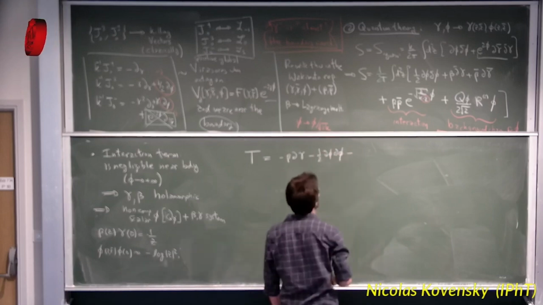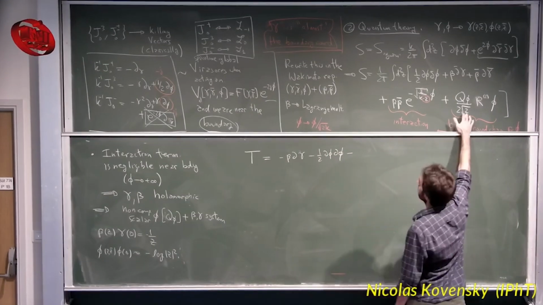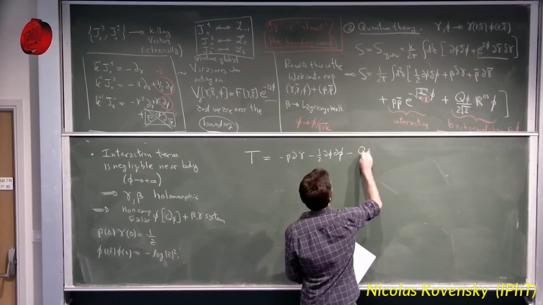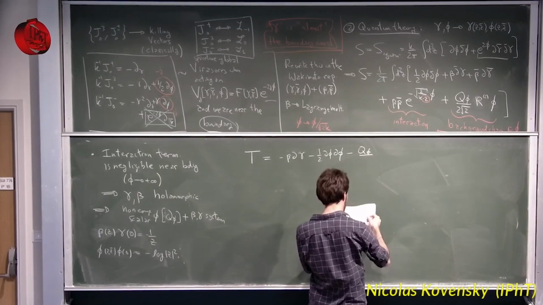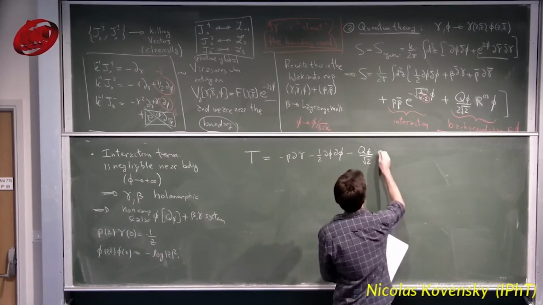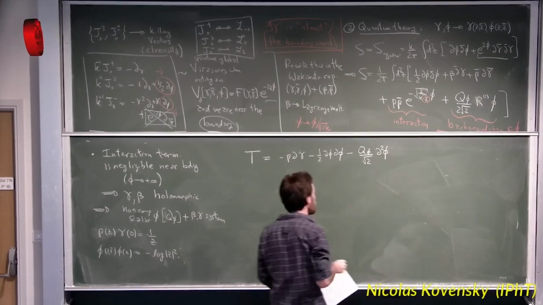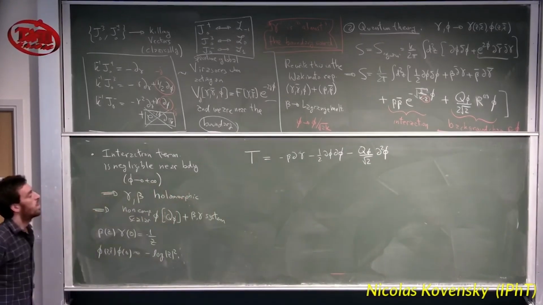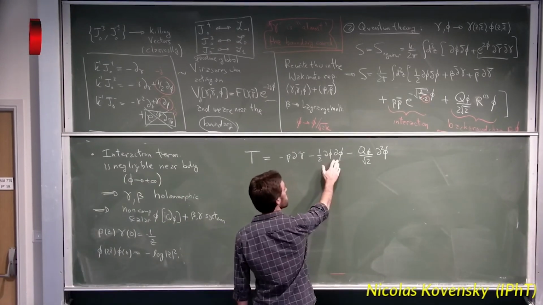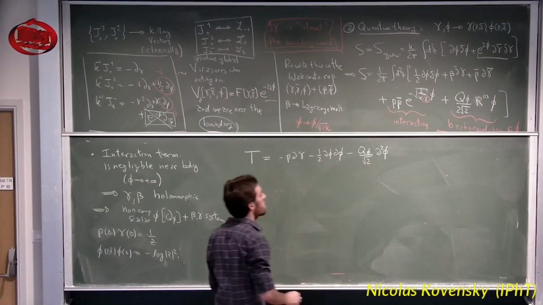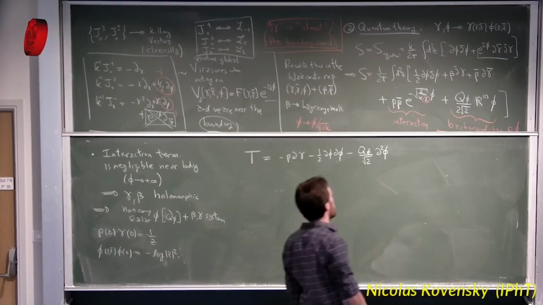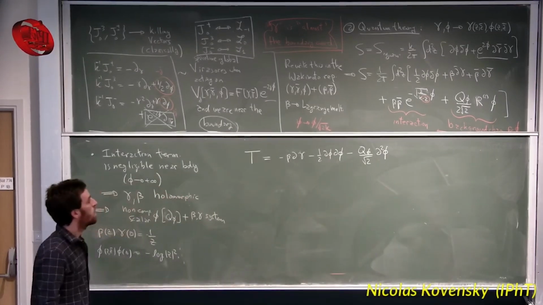And then you get a term that comes from having this background charge here, which looks like Q phi over square root of 2 in my beautiful convention, times partial squared phi. So this is just the usual part coming from the kinetic terms, and then this is from the background charge. This R2 here is the curvature scalar on the worldsheet, the two-dimensional one.